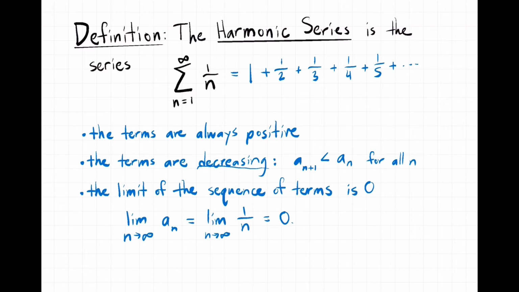If a series has the limit of the terms equaling 0, the series itself might not converge. It depends on how quickly those terms go to 0, and that's why we have a number of different tests we're going to study in the next few weeks that will help us to distinguish which series converge and which ones diverge. So the fact that the limit of these terms is going to 0 doesn't tell us whether the series converges or diverges.